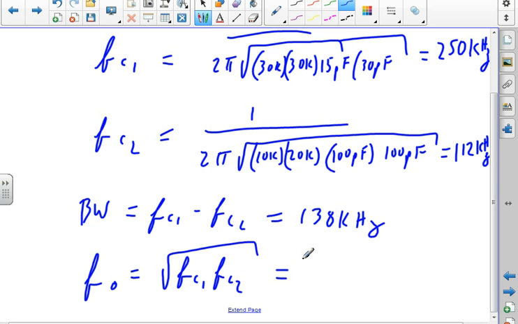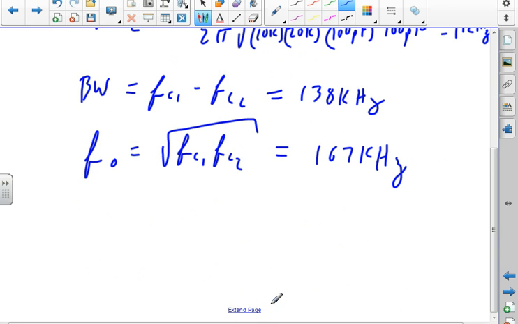All right, so I can handle that. Square root of 250 times 112, we'll call it 167. 167K.